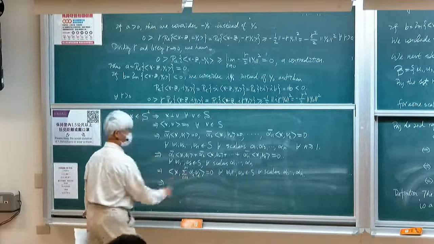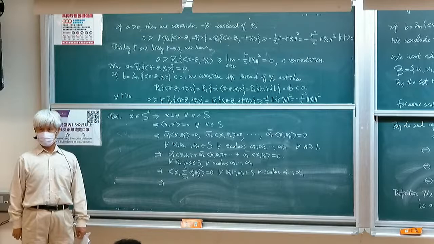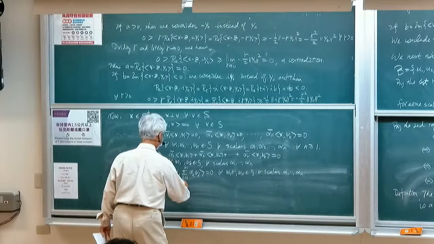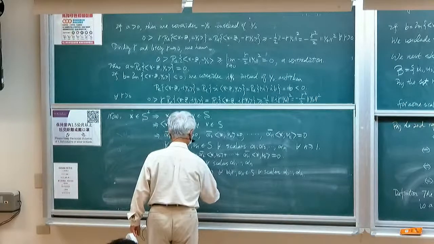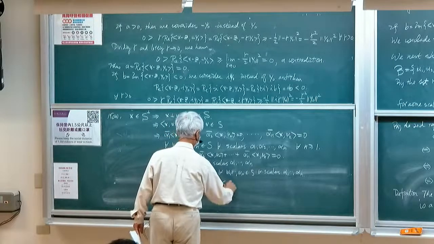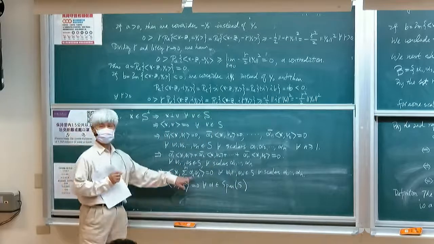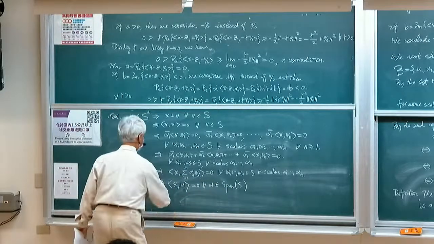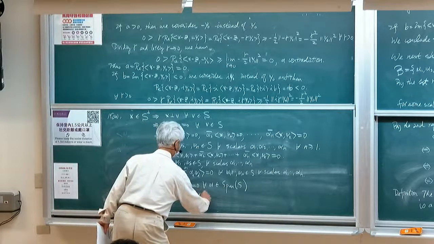But any such linear combination is a typical vector in the span of X. So such a linear combination is just a vector in the span of X. So this implies x is orthogonal to u for all u in the span of X.